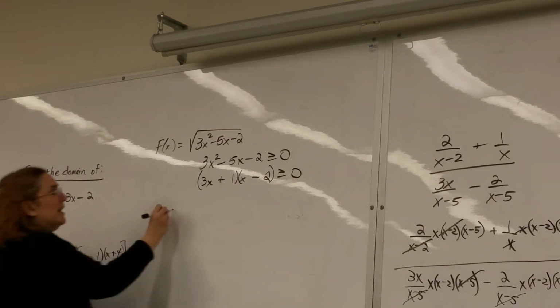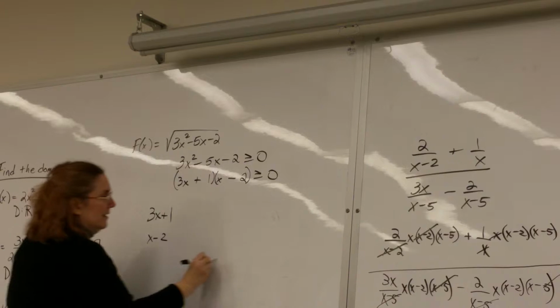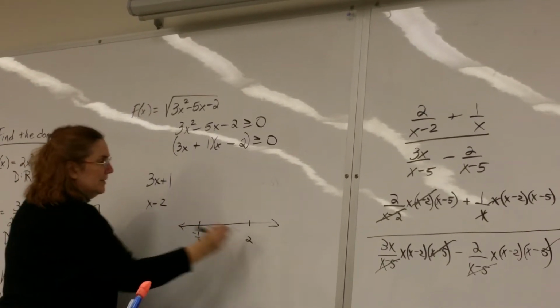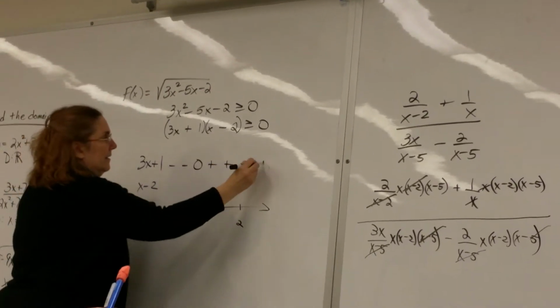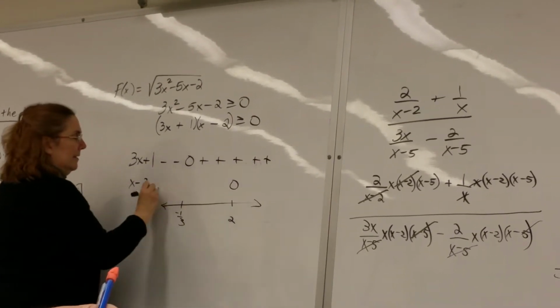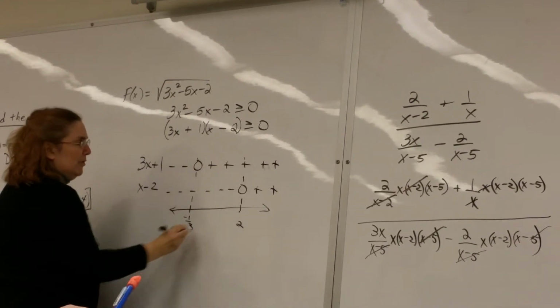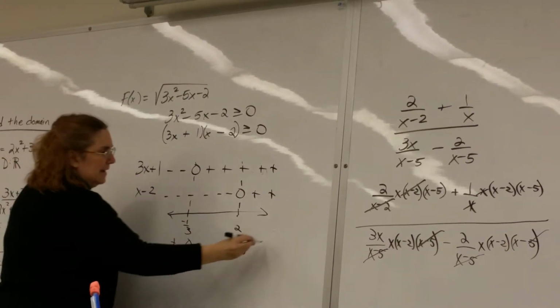Critical points in the sign graph. So what are the critical points? 2. -1/3. 2. Zero at each critical point. Positive, negative, positive.